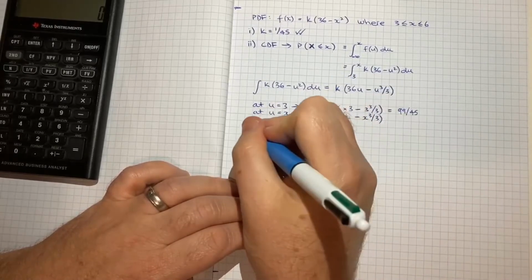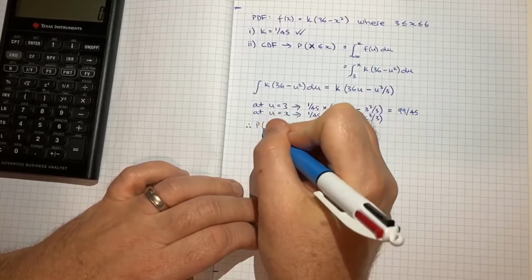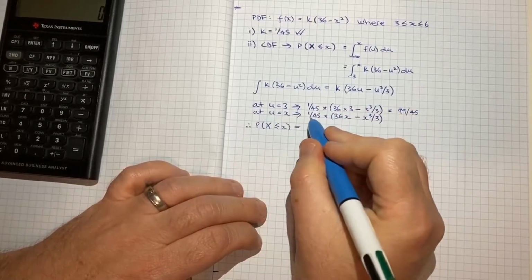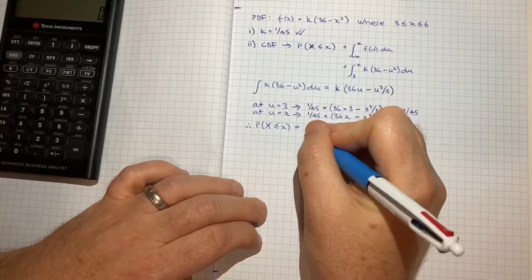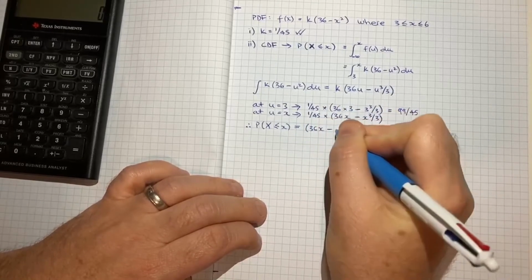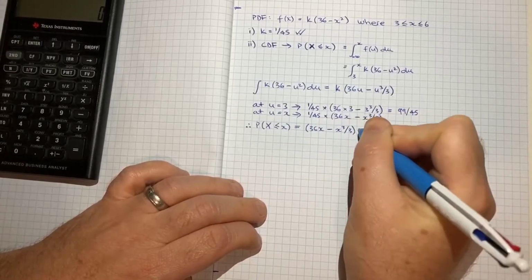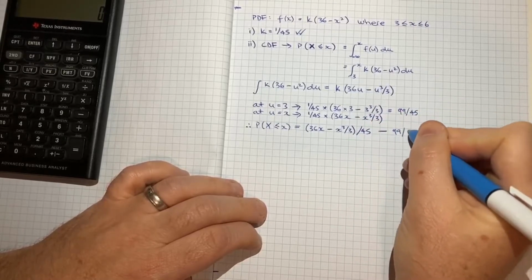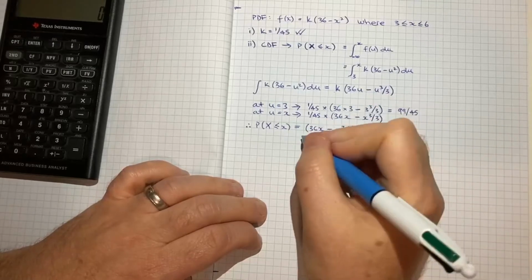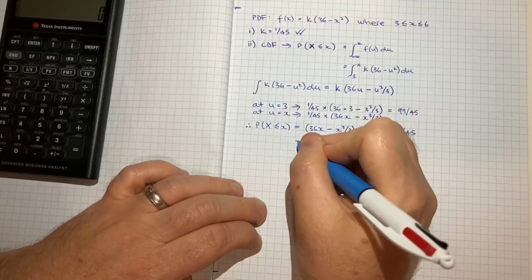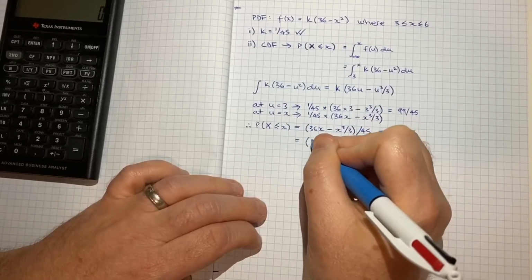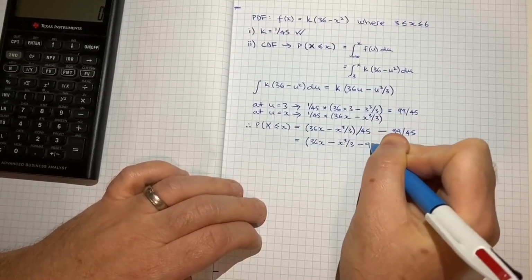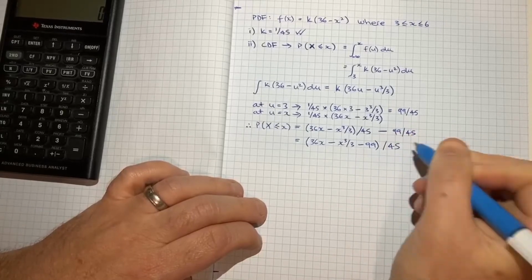So therefore, the probability that our random variable is less than or equal to x is equal to this upper bound, which I'll write as 36x minus x cubed on 3 on 45, minus the lower bound, which is 99 on 45. And I can just bring that together, and we'll say it's equal to 36x minus x cubed on 3 minus 99, all on 45.